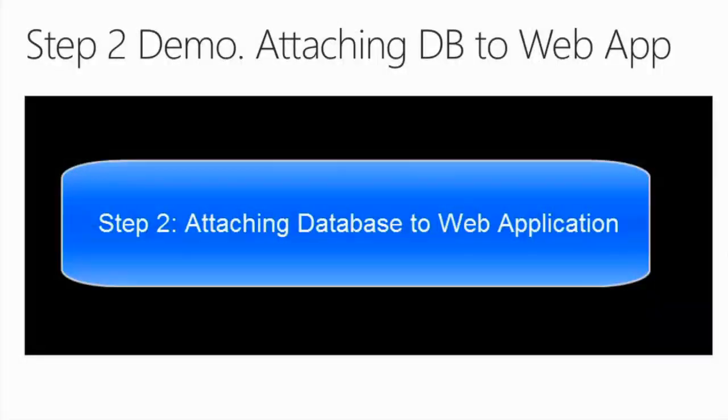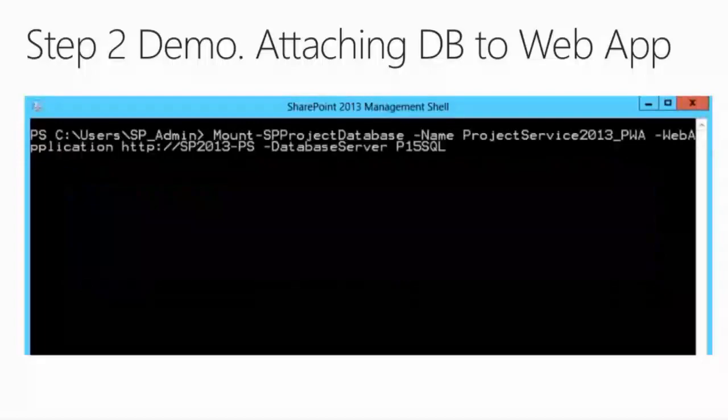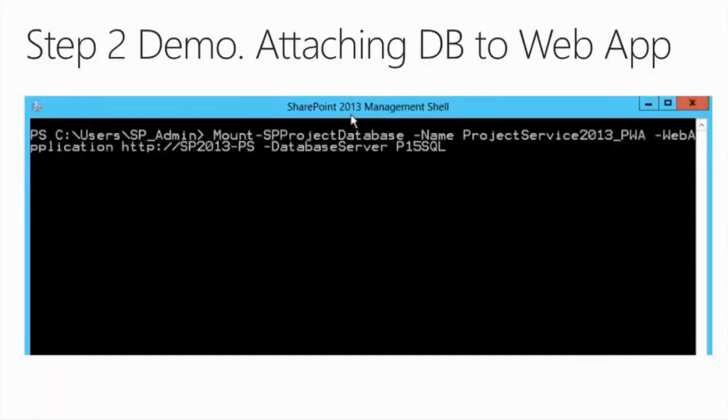So this is what it looks like when you do it. So you have mount. That's the command right there, mount SharePoint project database. The name is the name of the database that we had created, the Project Service 2013. The web application there is SharePoint 2013 PS.